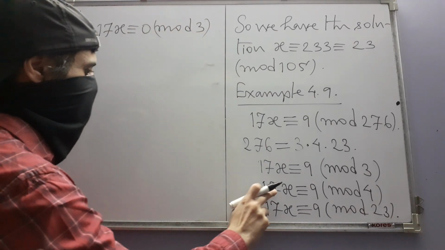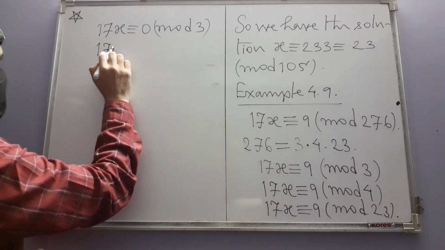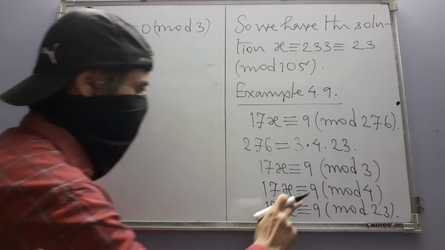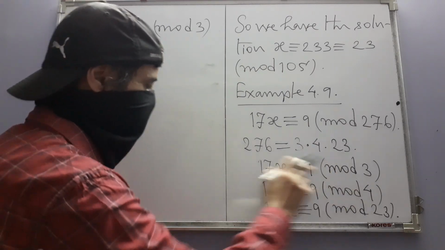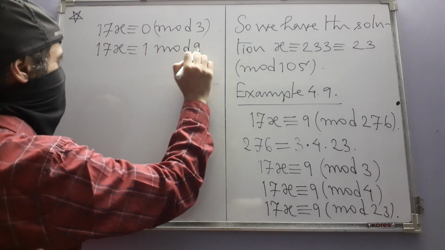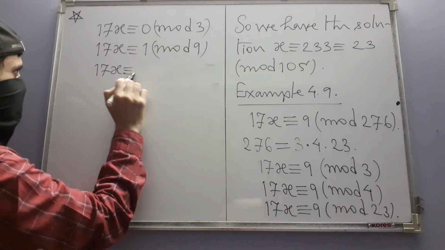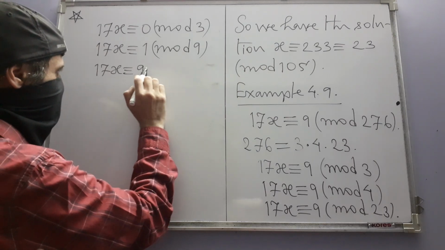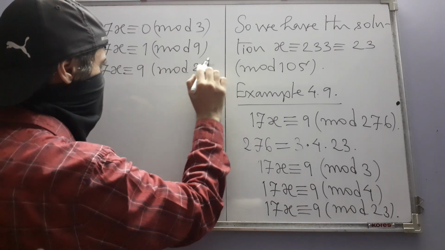In a similar manner, what about the second congruence? Because 9 is congruent to 1 modulo 4, so you can write 1 here. And the third one unfortunately has to stay just like that, because you cannot actually do anything useful to it.